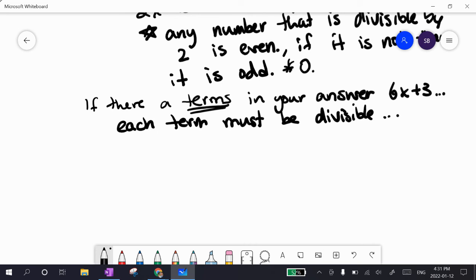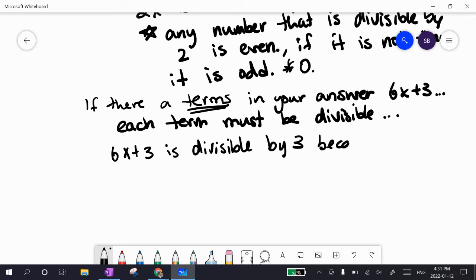So 6x plus 3 is divisible by 3 because 6x is divisible by 3 and 3 is divisible by 3.